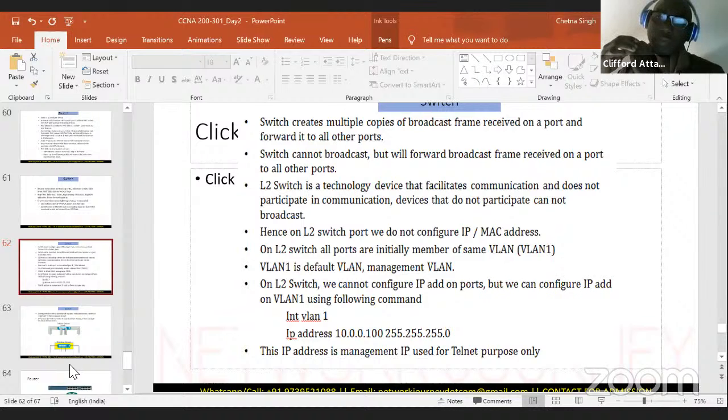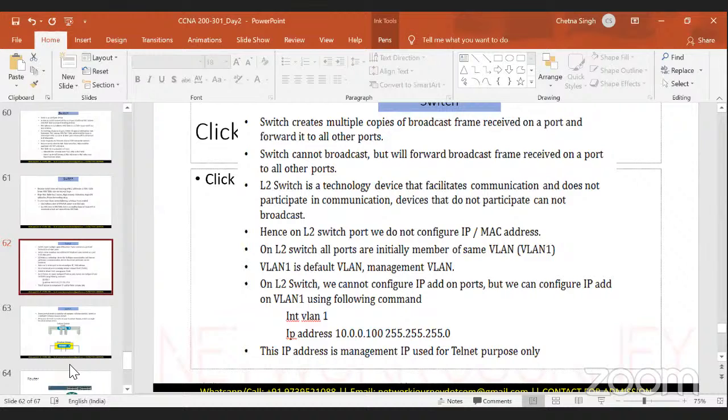But if I talk about a layer 3 switch, which has the function of both a router as well as a switch, then I have the provision to configure the IP. So just mind this very well, that for an L2 switch, I cannot configure an IP. However, for a router or an L3 switch, there is the functionality of both router and switch within the same device, so I can configure an IP over there.